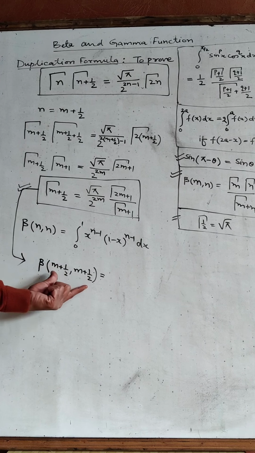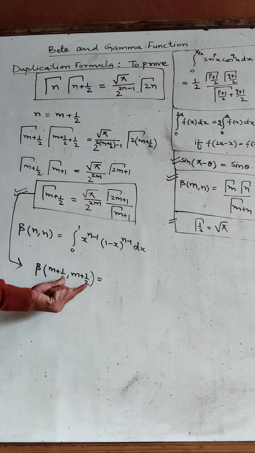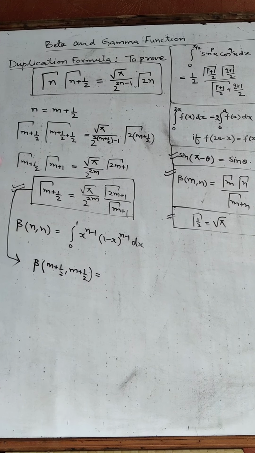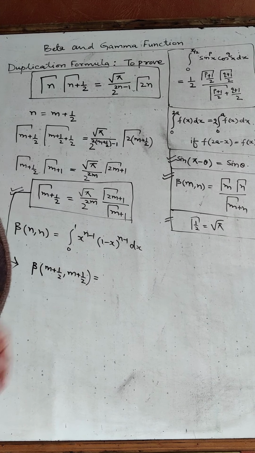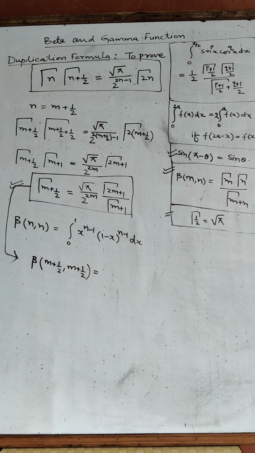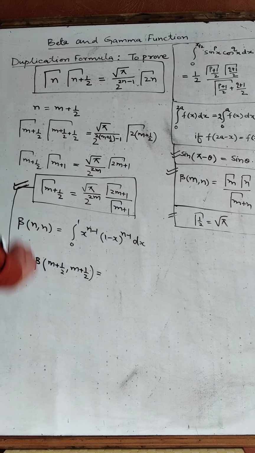We will start with beta of m plus 1 by 2, m plus 1 by 2 in place of beta of n, n, and then we will reproduce the same result in the same sequence. The same steps would be followed, and we will reach the second form of the duplication formula.